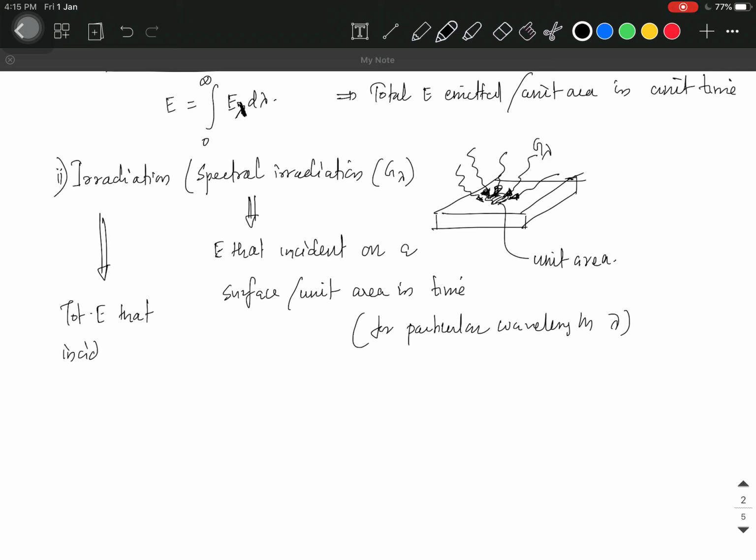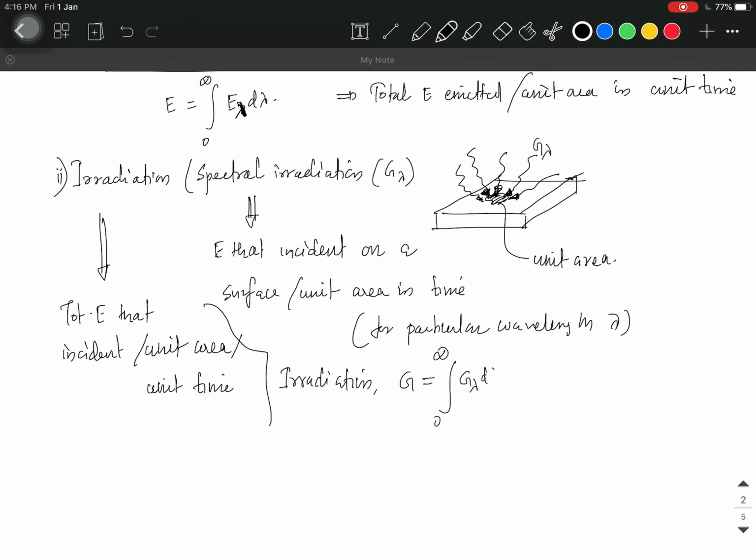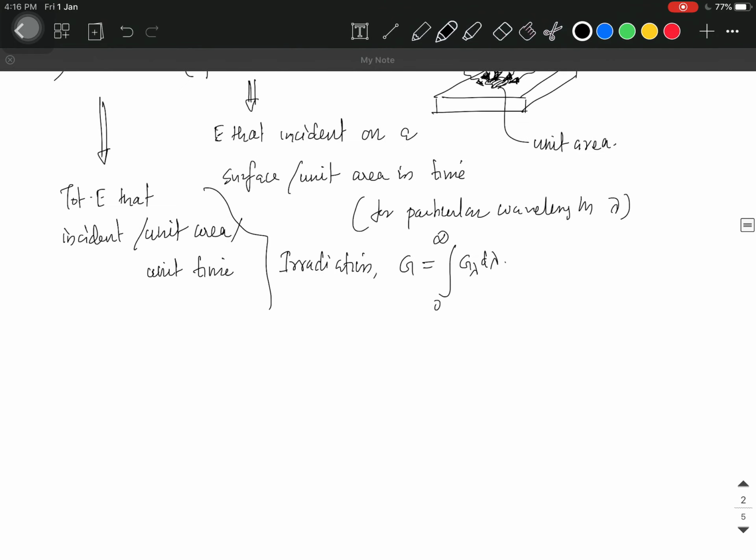And if you are considering the total energy that is incident per unit area in unit time, then this will be the irradiation, which is given by the letter G, and this is equal to integral 0 to infinity G lambda d lambda, where G lambda is the spectral irradiation and the irradiation is given by the letter G.